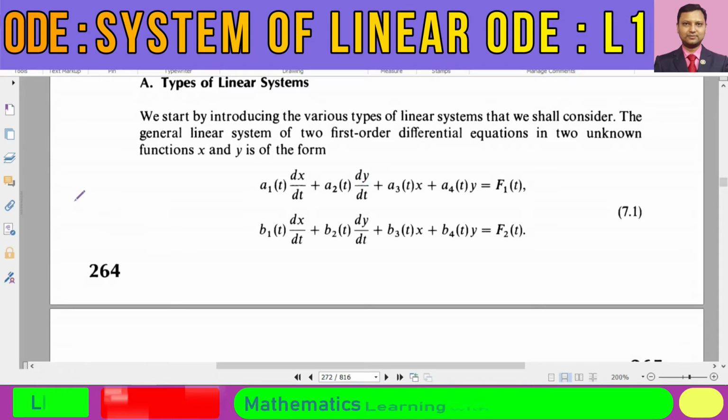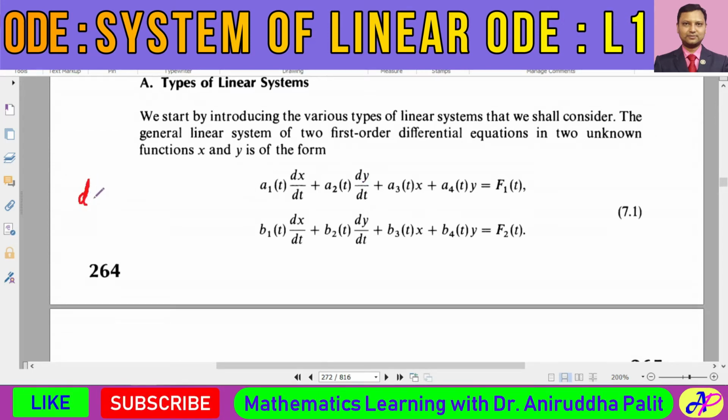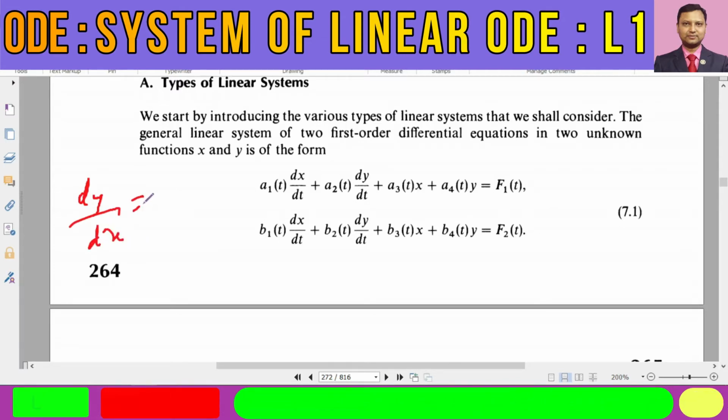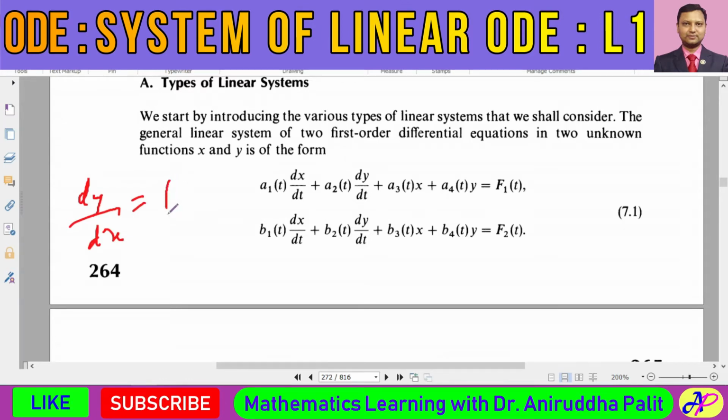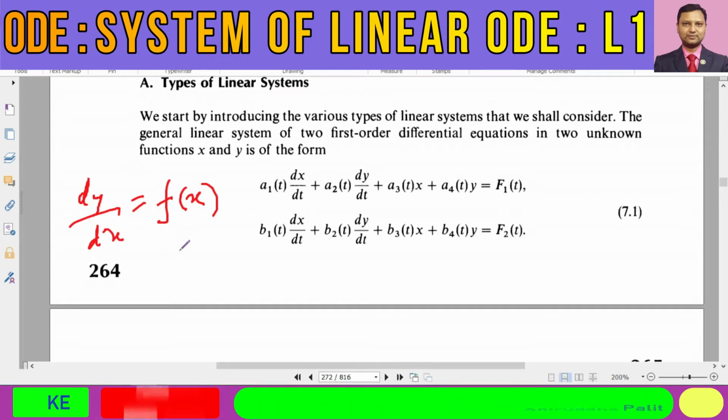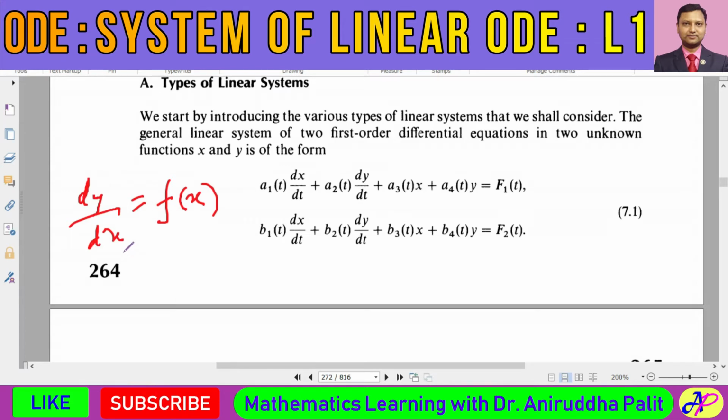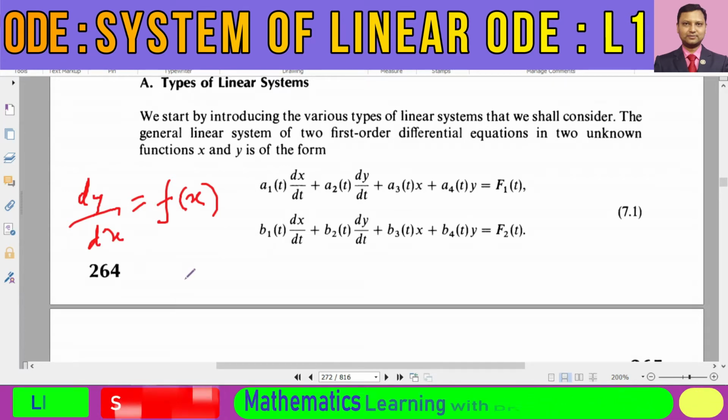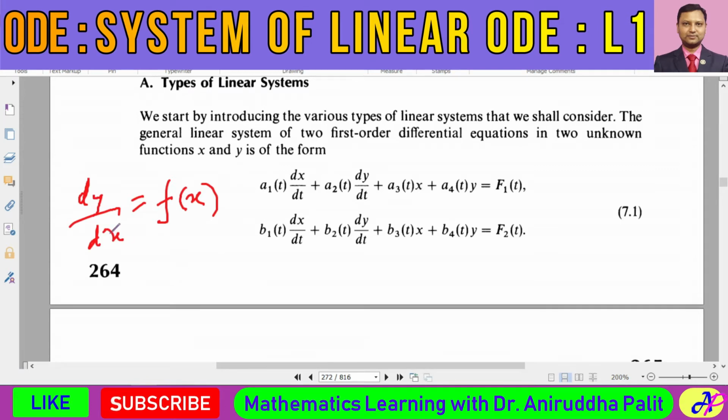If you consider this kind of differential equation, say dy by dx equal to maybe some function of x, f of x, in that case this quantity y would be a dependent variable, and this variable x would be the independent variable, and we may have higher order derivatives, second derivative, third derivative, and so on.